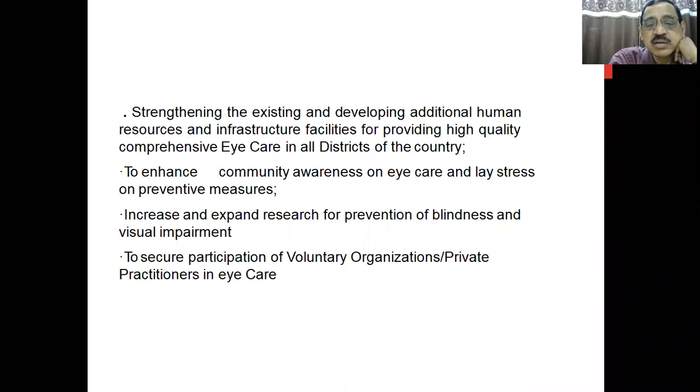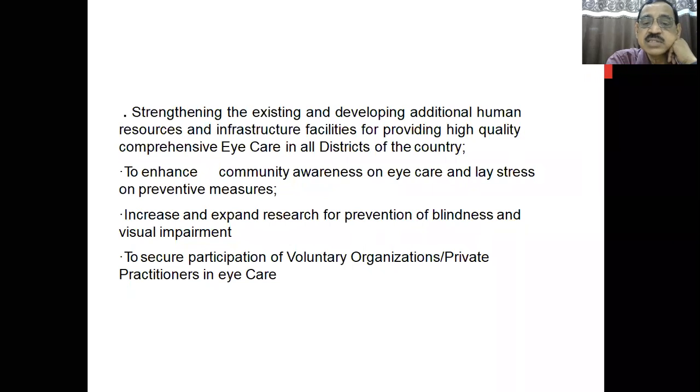So there are certain foreign countries which are giving a lot of financial aid all over the world, WHO and other things, Danida and all these things. They are giving a lot of financial aid to boost up the various infrastructure facilities for providing high quality comprehensive eye care in almost all the districts of the country.